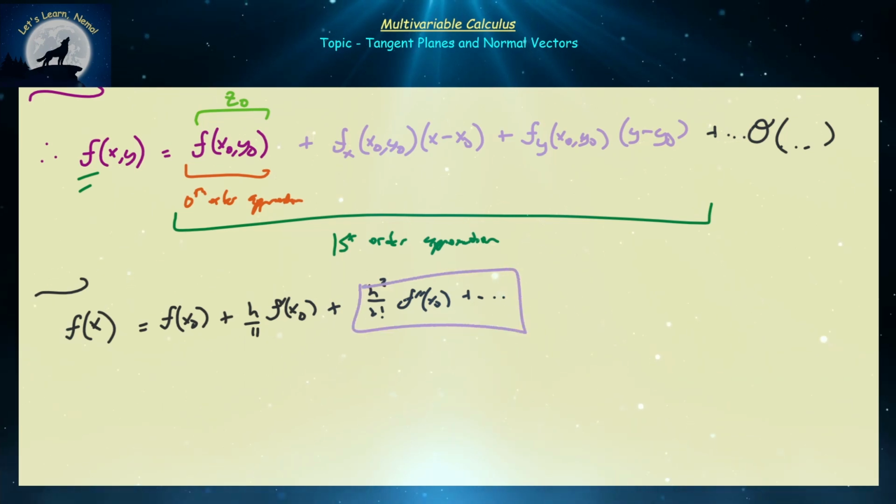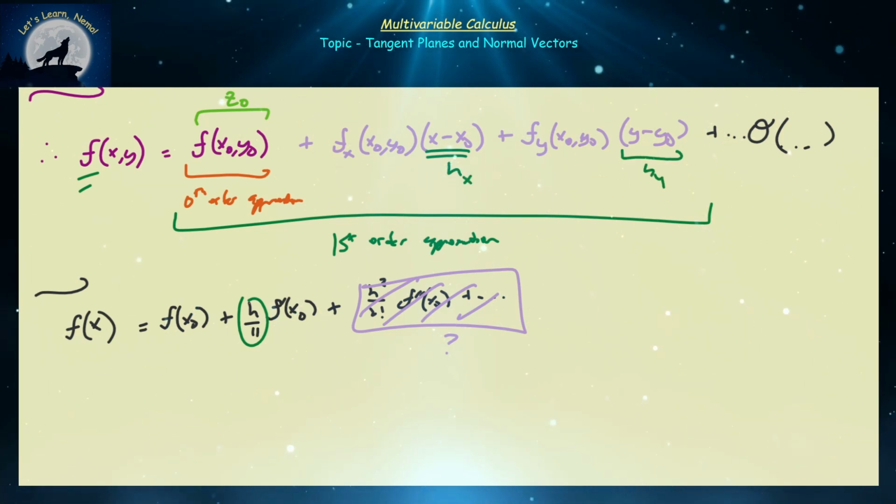It's just that we don't exactly know what this is in the 2-dimensional realm. And keep in mind, this h is just the distance x is from x0, right? Because that's technically h_x in disguise, and that's technically h_y in disguise. But we'll get into Taylor series a little bit later.